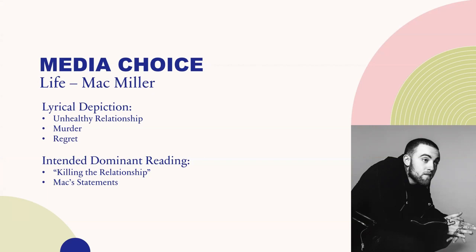Mac Miller has come out and stated that this is supposed to be a metaphor for the author essentially killing the relationship. So the intended dominant reading is a metaphorical statement of killing a self-destructive relationship, where both the perpetrator singing the song and his partner were not meant to be, looking back and feeling the regret and remorse for doing that.